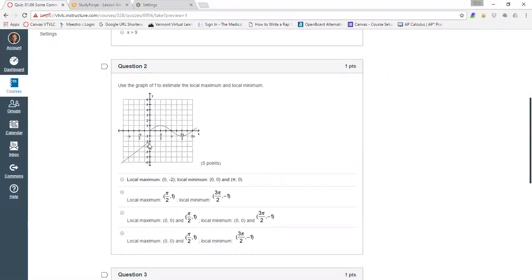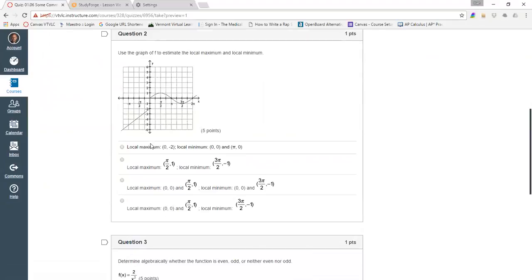Now, do they tell us the domain here? Well, let's see here. The local maximum, that is a maximum, as long as that's a function. There's a minimum at 0, 0, except that would fail the vertical line test. And pi, 0 is not a minimum. That's right there in the middle.